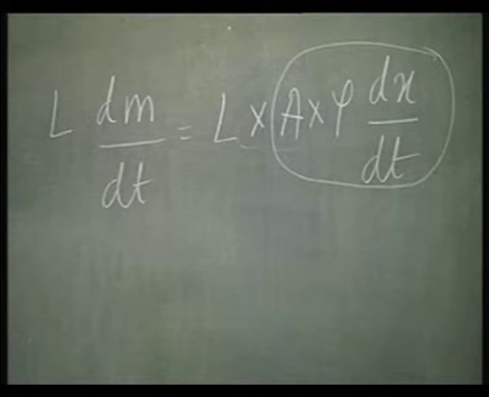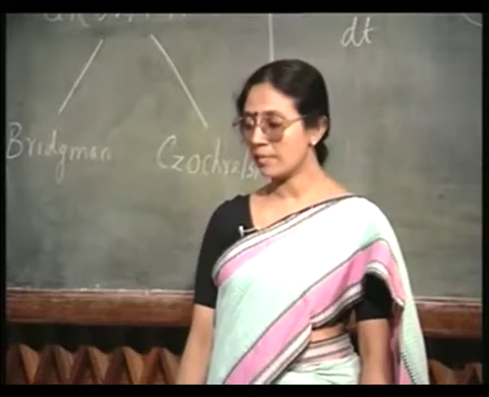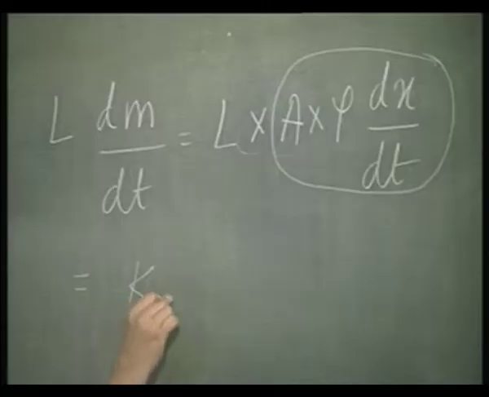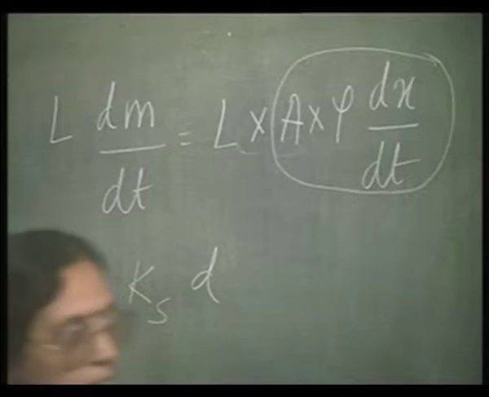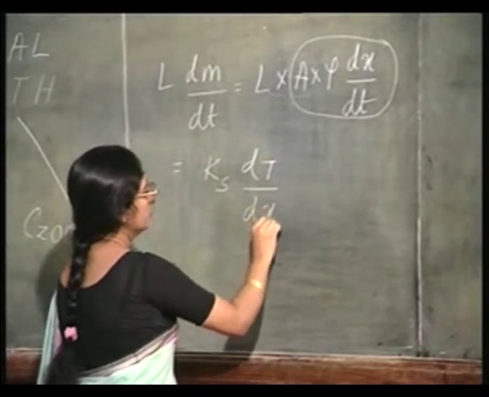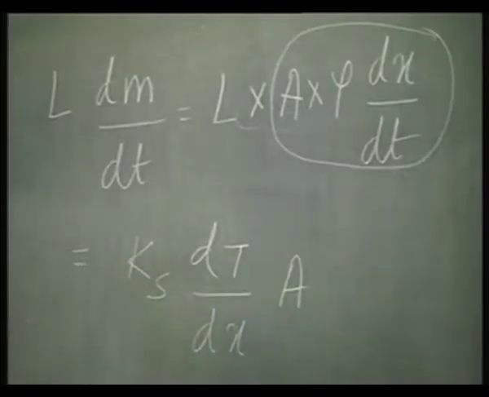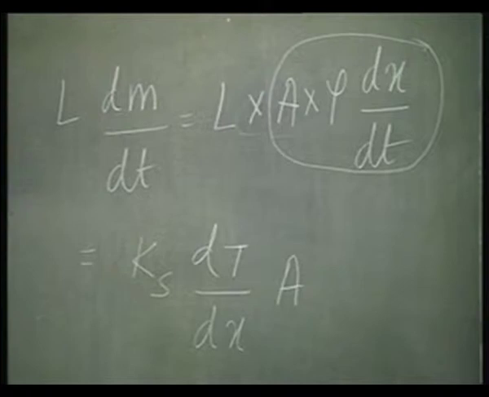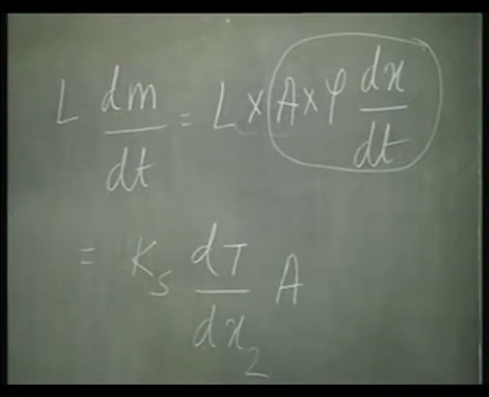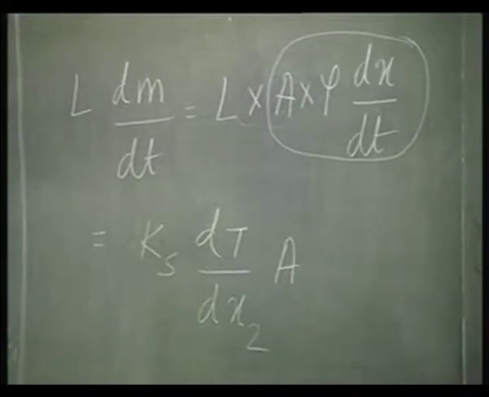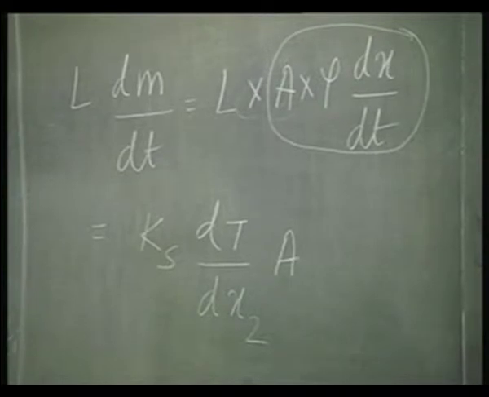So, if I consider that the thermal gradient in the melt is 0, then this is equal to... this dx/dt is nothing but my pull rate. This is the rate at which I am pulling the crystal.